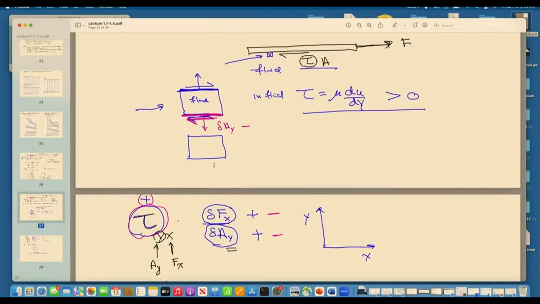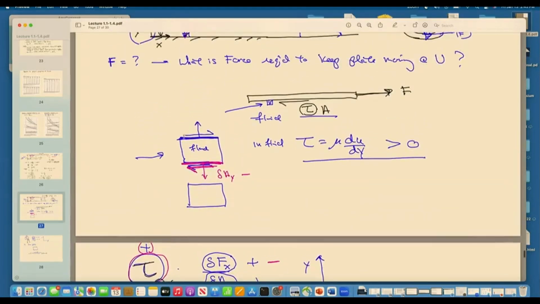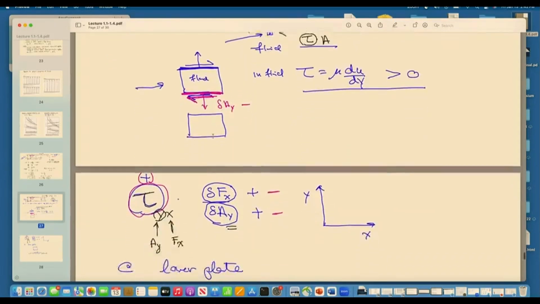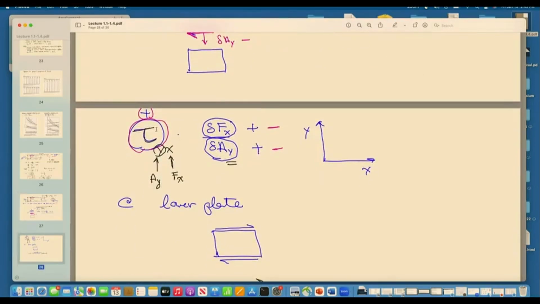And so the force associated with the shear stress is in the positive x direction, and so is the shear stress. In general, for the 3D case, there would be two subscripts here. This would actually be tau yx. The first subscript indicates the direction of the area, and the second subscript indicates the direction of the force.